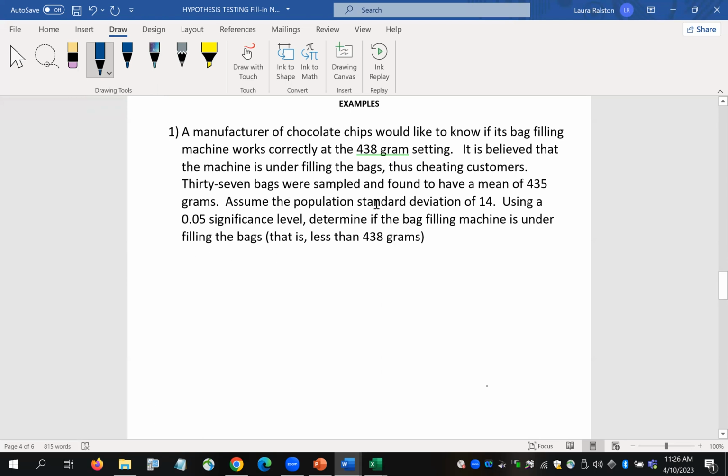Assume the population standard deviation of 14. Using a 0.05 significance level, determine if the bag filling machine is underfilling the bags, which means it's putting less than 438 grams.